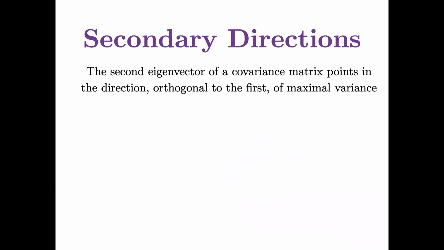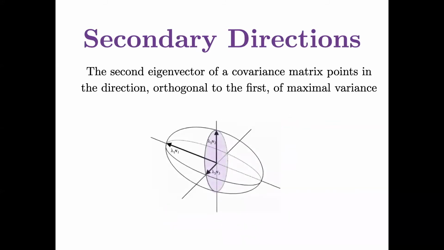But if you'd like to imagine, just for a minute, a three-dimensional example, if I have some data dispersed throughout this ellipse, the direction of maximal variance would be this V1 direction. My next choice is to find the vector V2 that's orthogonal to the first. Being orthogonal to the first means it has to point along this purple plane here.